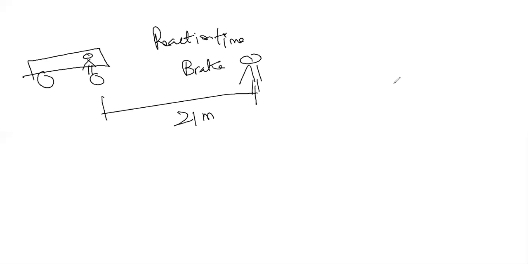Now, a driver having a definite reaction time is capable of stopping his car over a distance, this is called as stopping distance. This is called as S subscript s. What is stopping distance means? If you apply the brakes here, what happens?